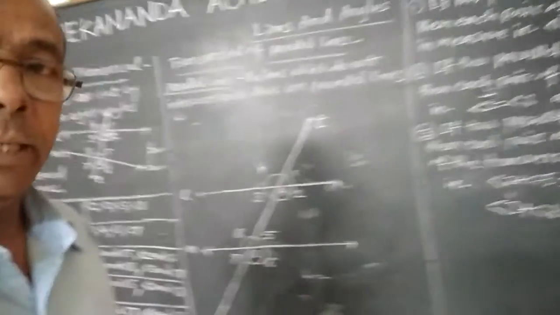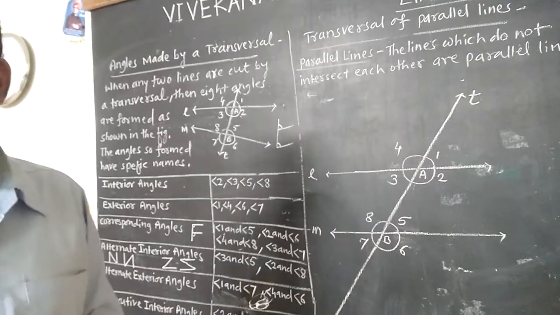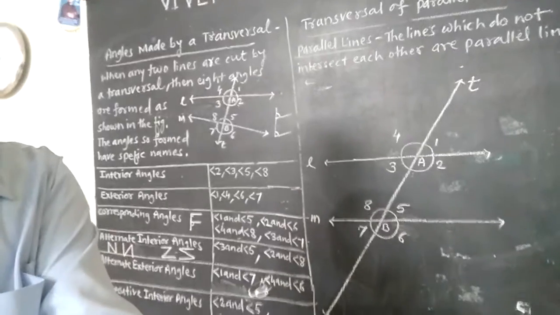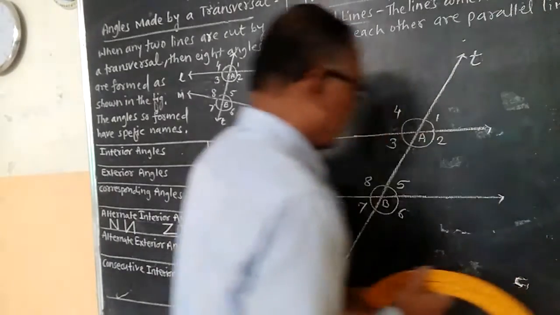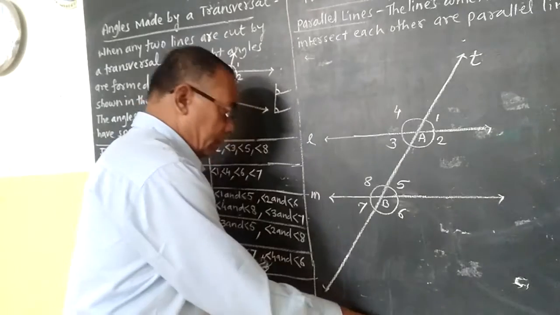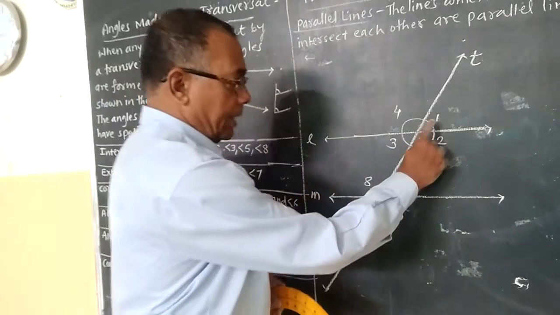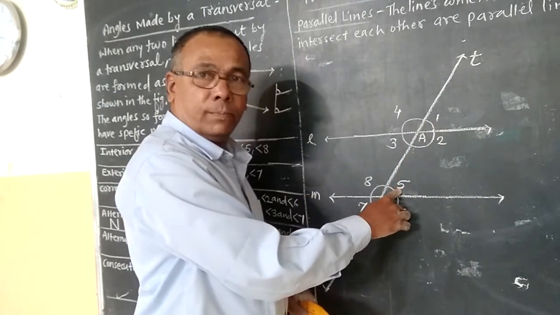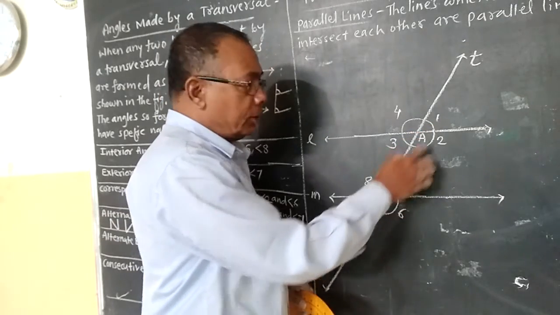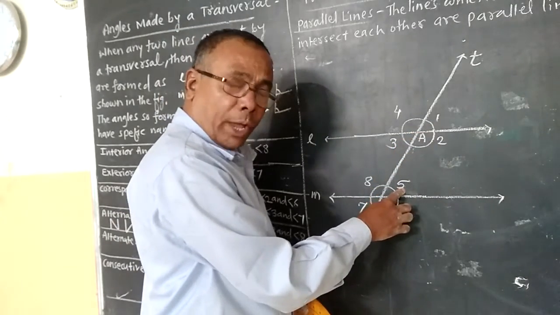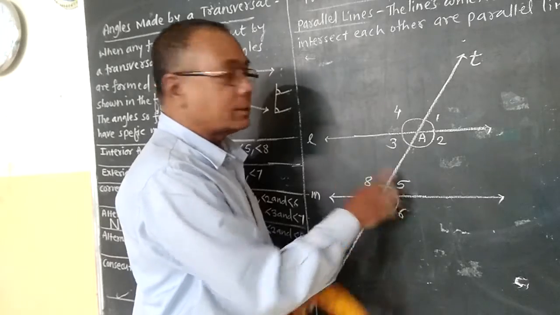If we observe this figure, angle 1 and angle 5 are the corresponding angles.